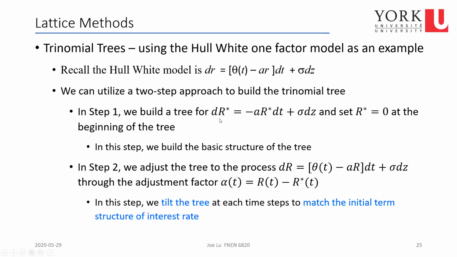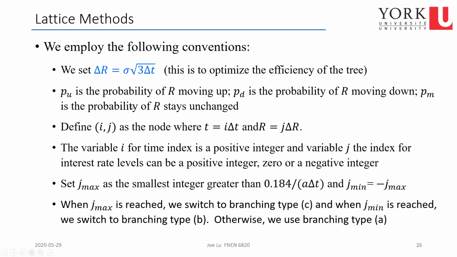So to begin with, we set the initial value of R star to be 0. So it starts at a 0 point and then we just expand it. According to their research, Hull and White asked, what is the optimal step for changing interest rate?